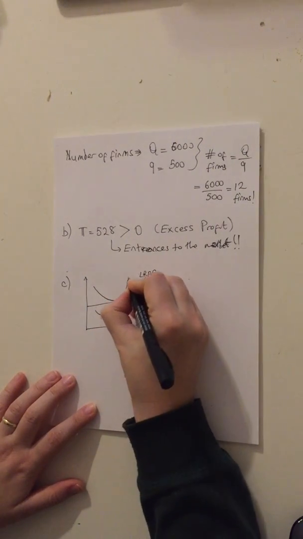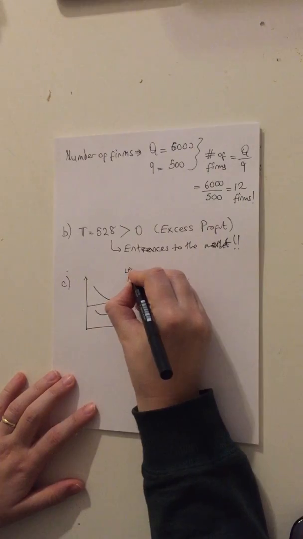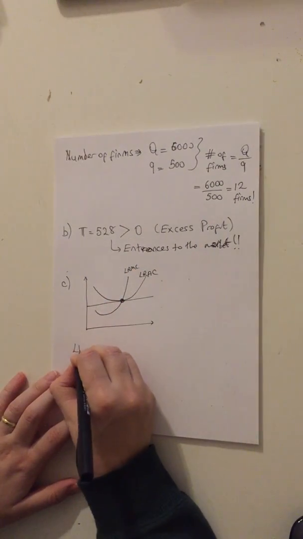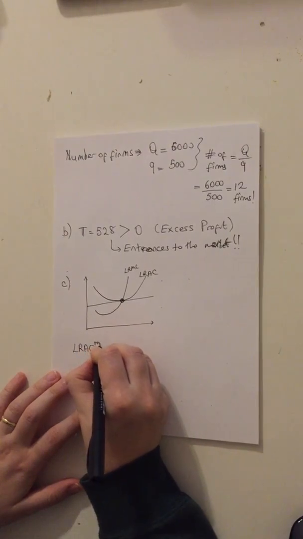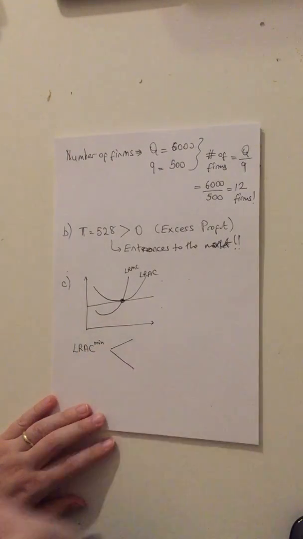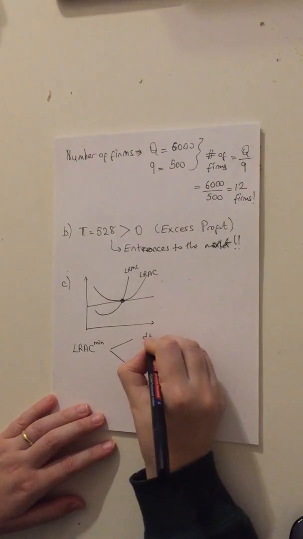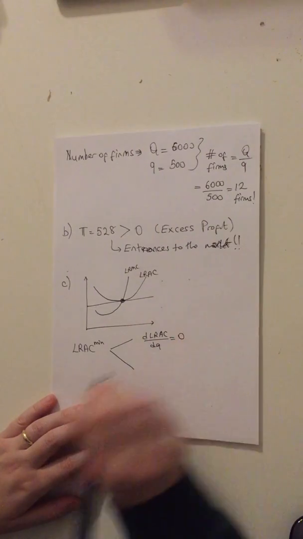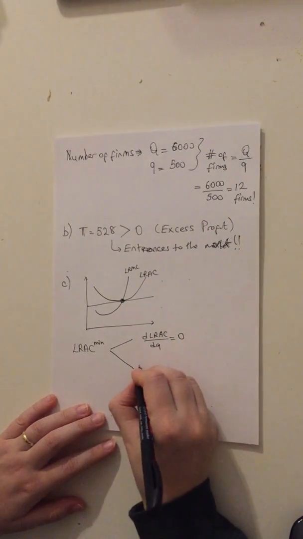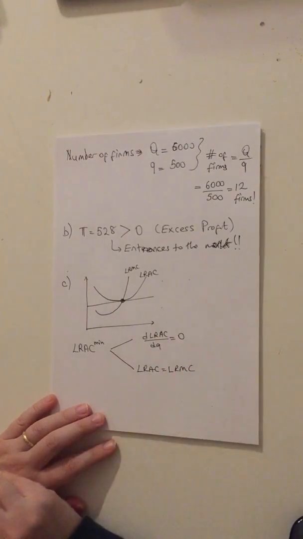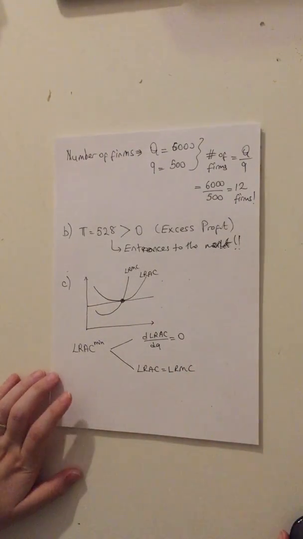You can find it in two ways. The first one, you can derive it for Q and equalize it to 0, or you can equalize it to the marginal cost. You will get the same solution.